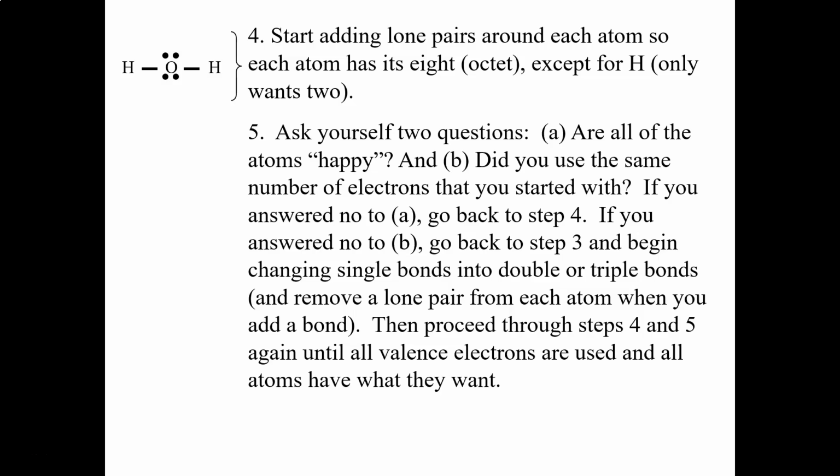Now, if you answered no to the first question, are all the atoms happy, then you simply just didn't follow all of the steps correctly. Go back and make sure that they all have all of the lone pairs that they might need to be happy. But if you answered no to the second question, did you use the same number of electrons you started with?